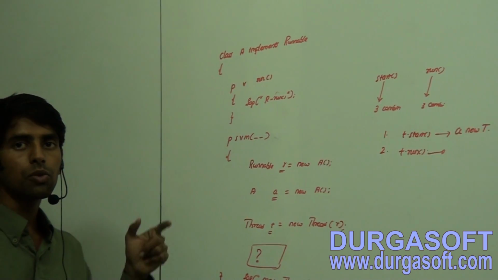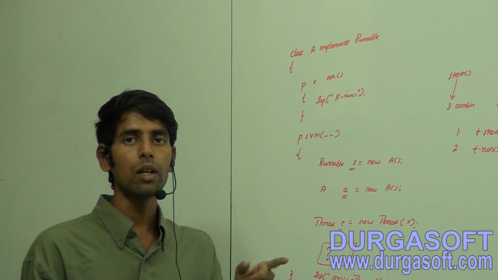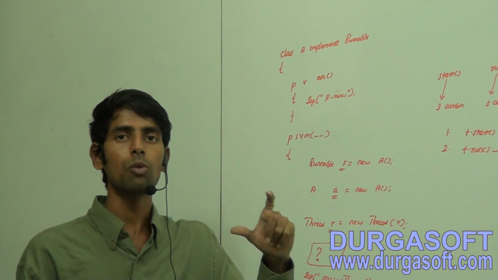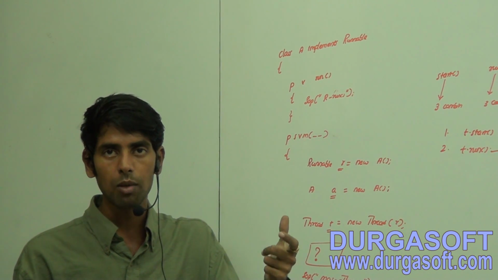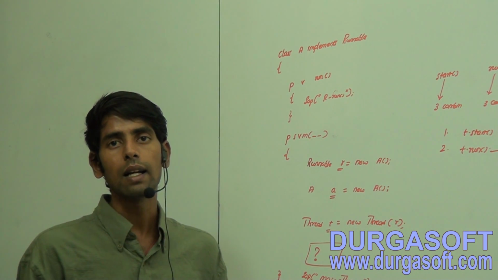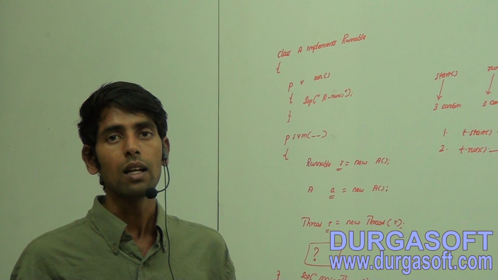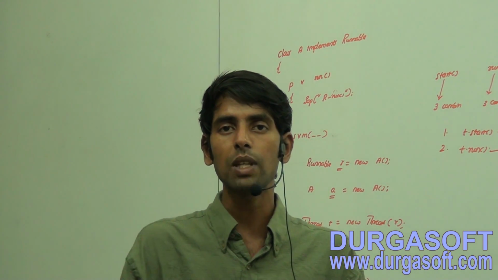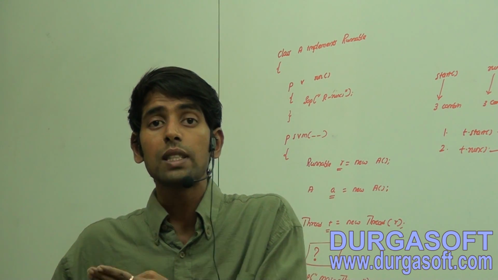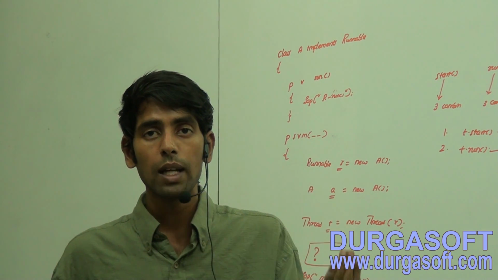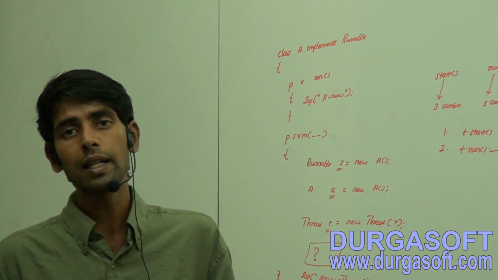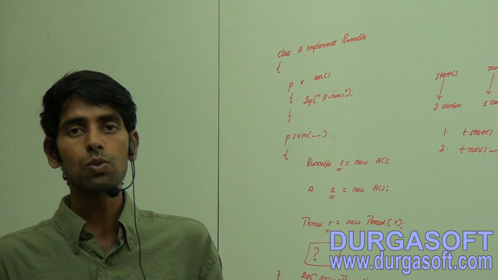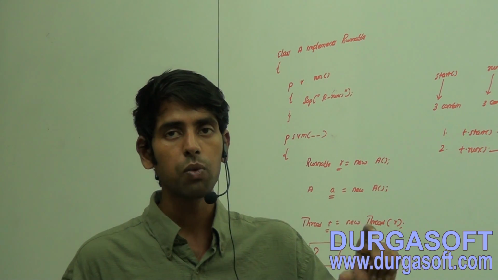See, whenever you are calling the start method, in that start method all the OS related code is available: creating a thread, initializing, registering it with the thread scheduler, and performing some physical activities. That implementation is also available in the start method, and it calls the run method internally, which gives the full-fledged meaning for creating a thread.